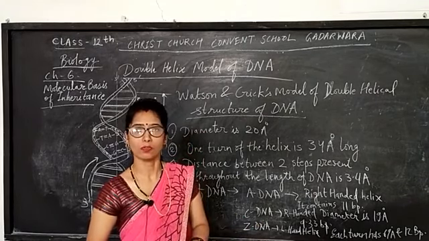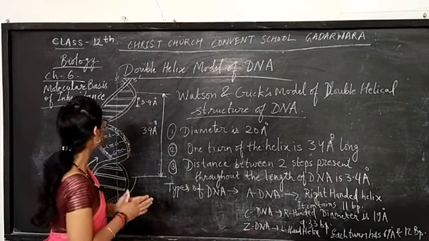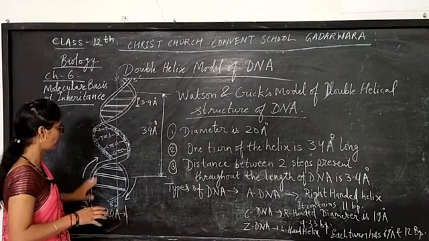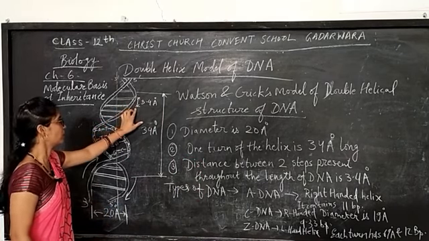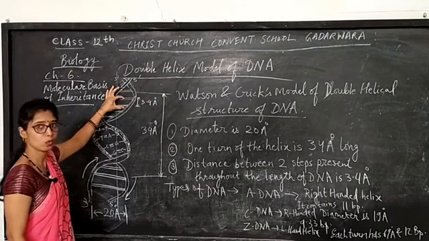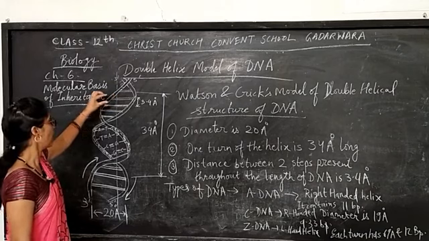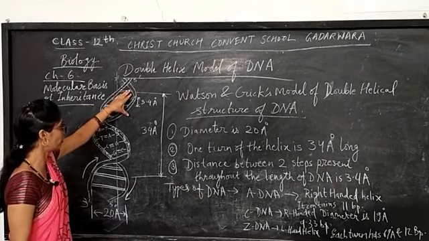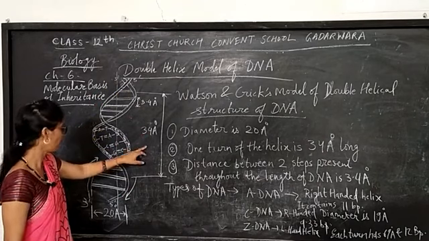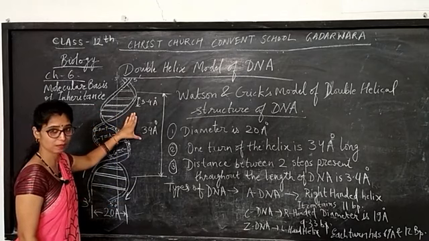Now you know about the DNA structure. Do you understand it? It is the double helical structure. 3.4 angstrom is the distance between two nucleotide steps, and the length of one turn is 34 angstrom, and in each turn 10 base pairs are present.